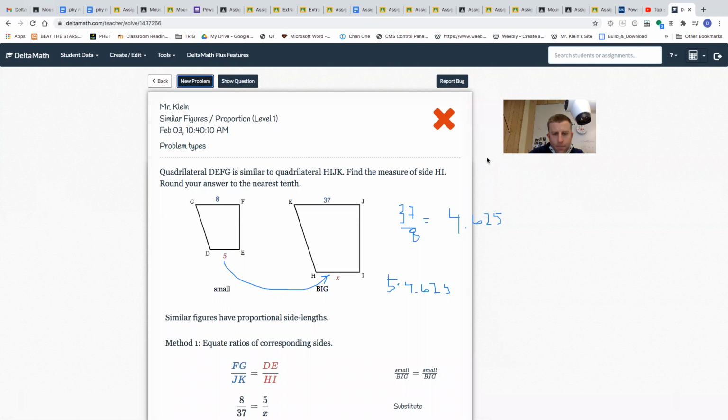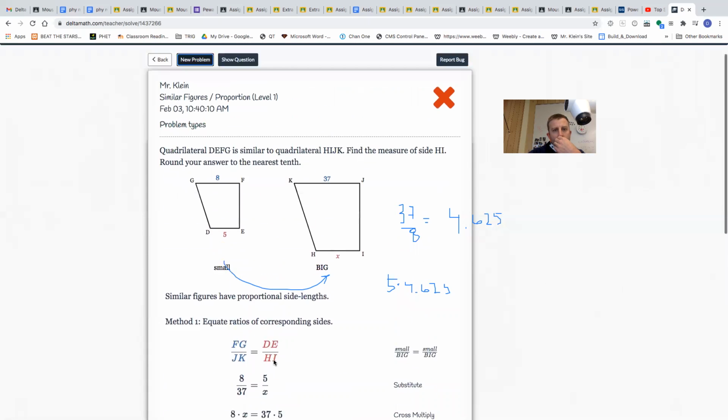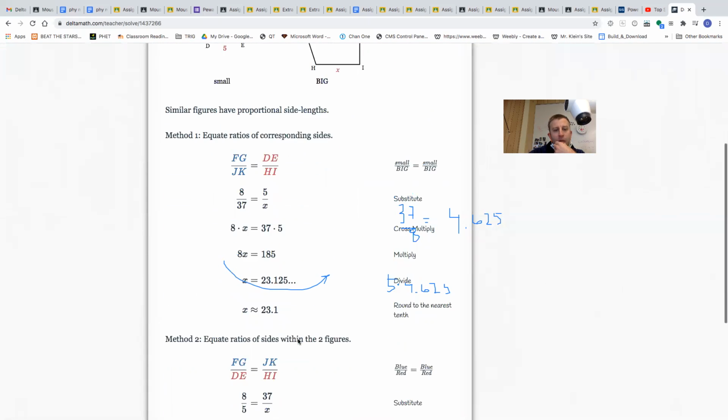Wrong. They're showing a different method here. Let me double check my method. Oh, I see. You're supposed to round to the nearest tenth, which I didn't read. Okay, the nearest tenth, so 23.1.